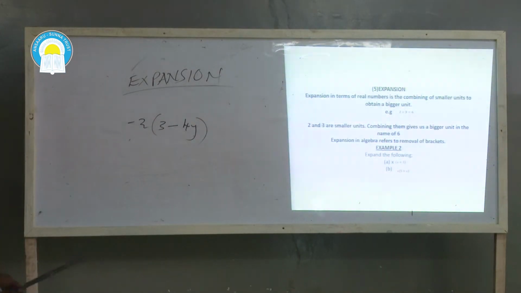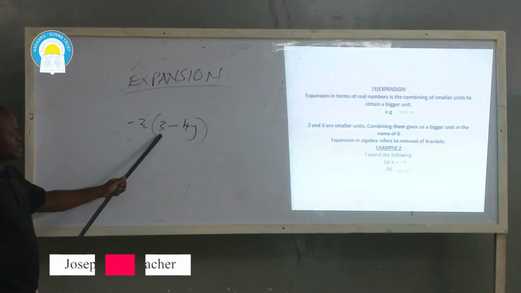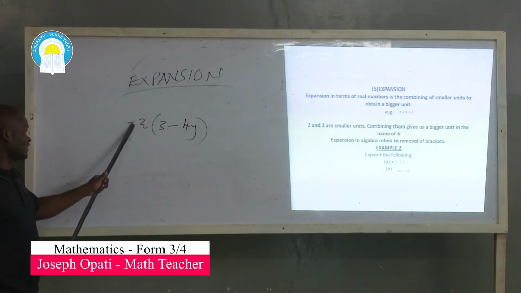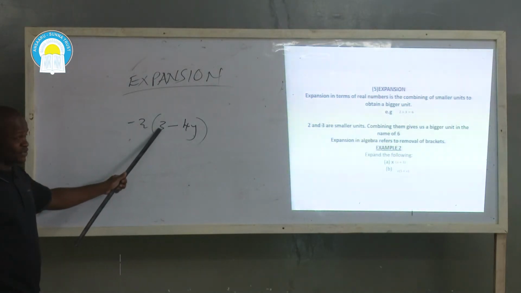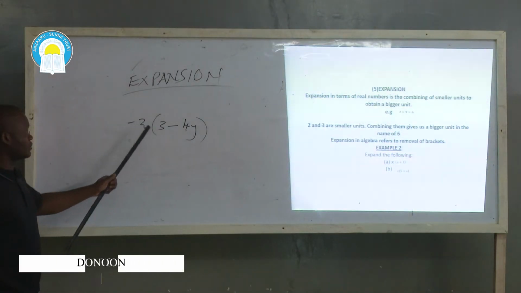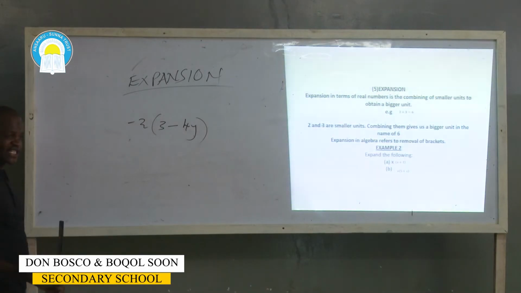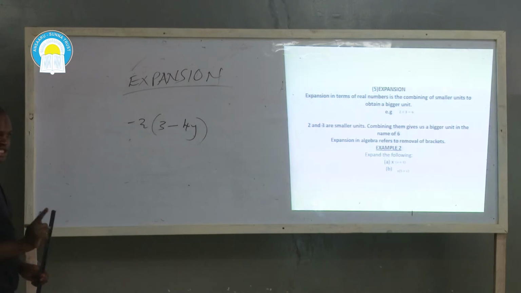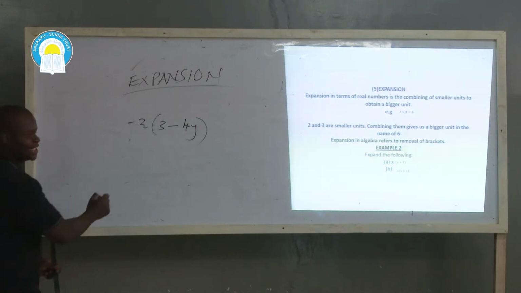So as you multiply what is here with what is there, take care of the sign. This is a negative number, that's positive. Now when you multiply a negative and a positive, what do you get? You get a negative number. So remember such issues covered in Form 1. Don't neglect that.